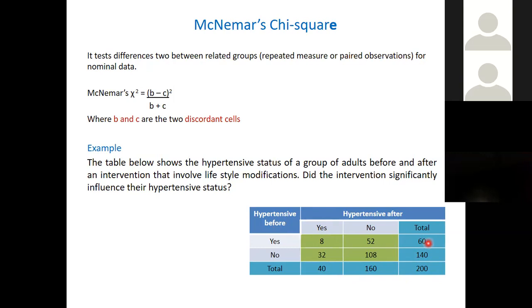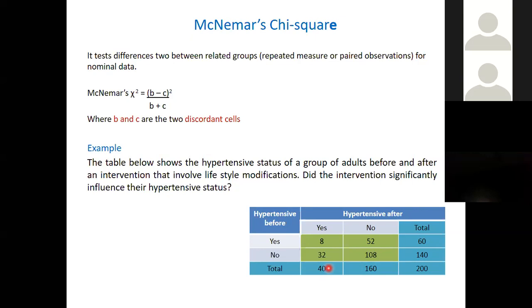Now, after some months, they came back, they measured their blood pressure, and classified them as hypertensive and non-hypertensive. They now got that 40 were hypertensive, 160 were not hypertensive. You can say there's an improvement, because before 60 were hypertensive and now 40. That's 20 fewer.